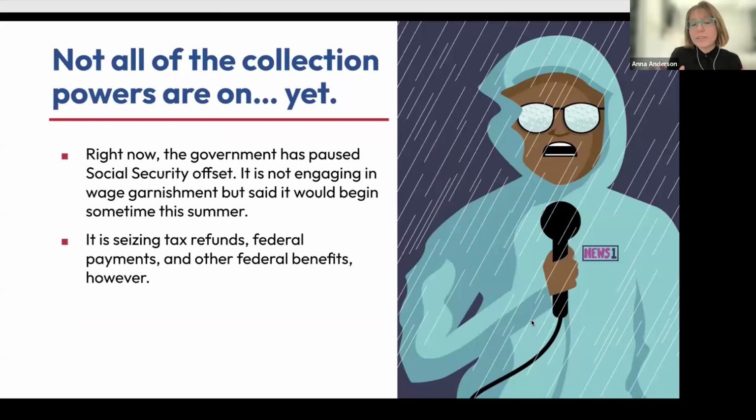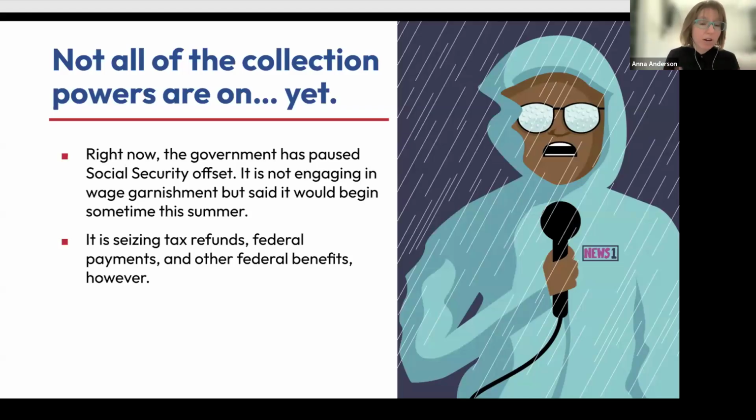But while this is happening now, not all of the collection powers have been turned on again at this point. Right now, the government has said that they're still not going to take Social Security benefits to collect on federal student loan debt. They also are not currently taking wages to collect on defaulted federal student loans. But those two powers will be turned on again soon.